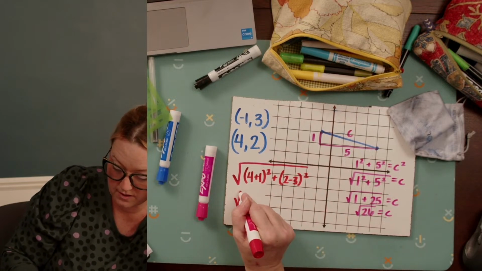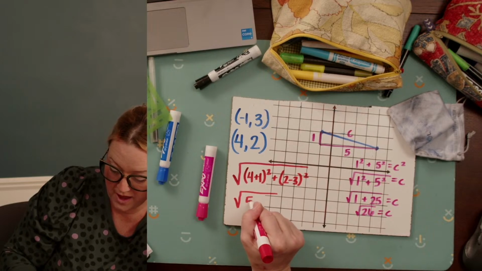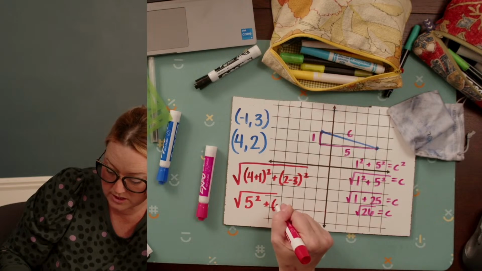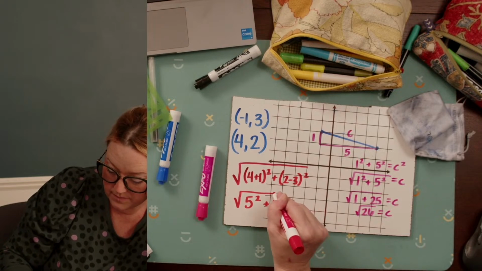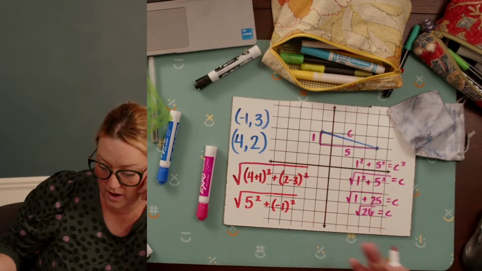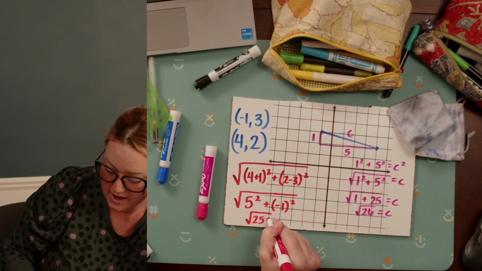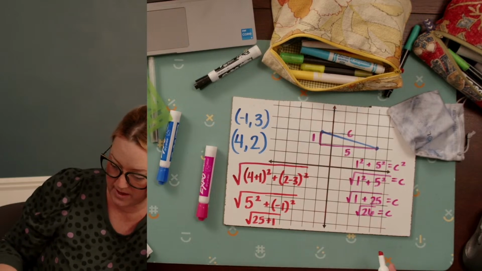So now I'm looking at the square root of 5 squared plus 2 minus 3 squared, which is negative 1 squared, which is the same thing as 1, right? So now I'm looking at the square root of 25 plus 1.